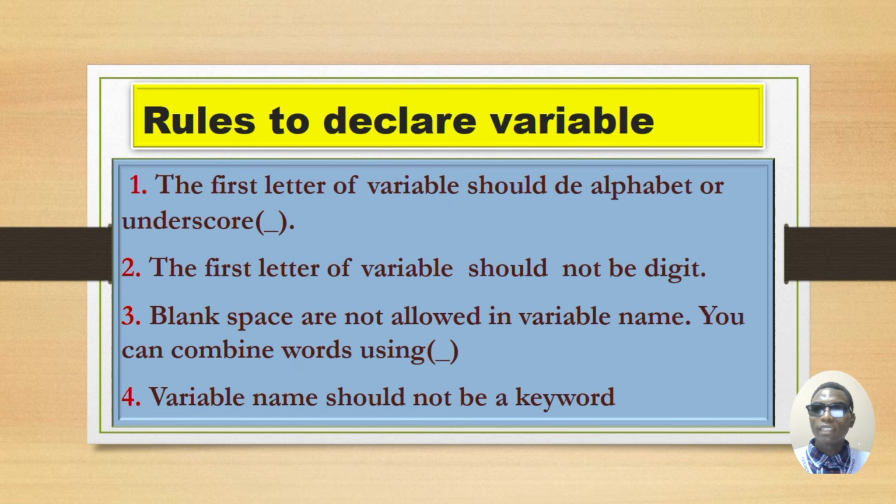Also, blank spaces are not allowed in a variable name. You can combine words using underscore. Do you understand? Instead of using a blank space in a variable name, you can use this underscore to concatenate those words, right? So the last rule is that a variable name should not be a keyword.